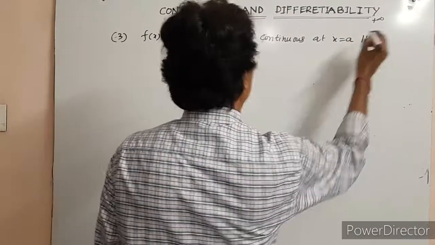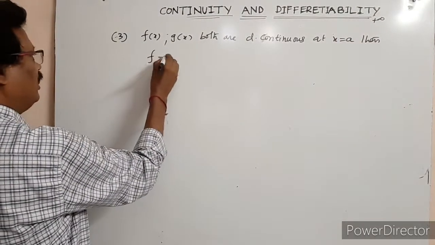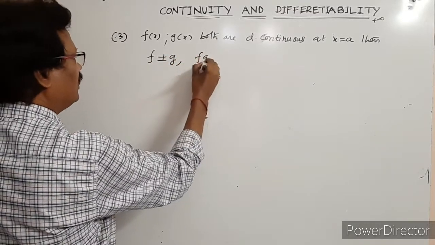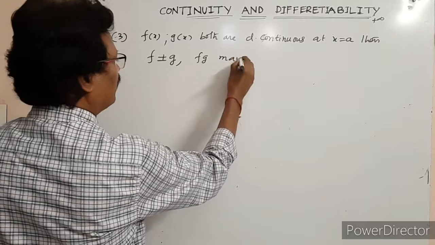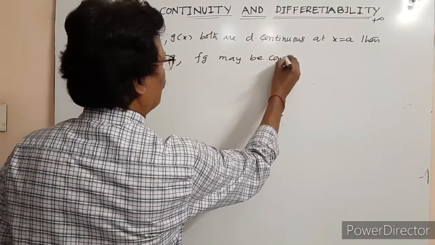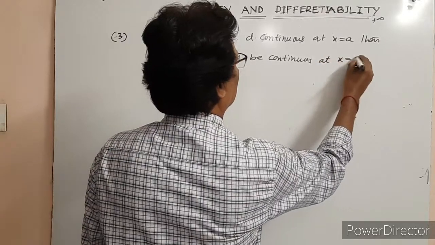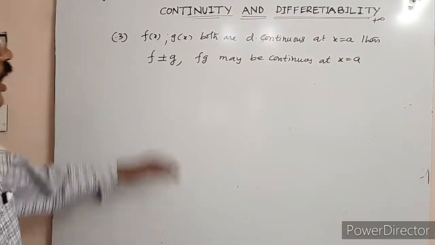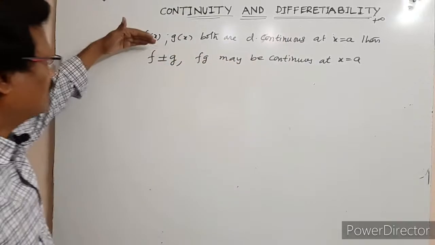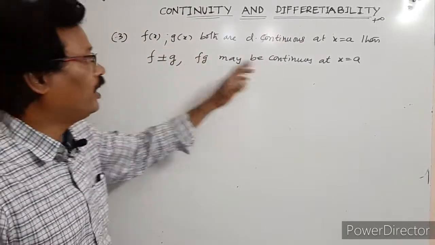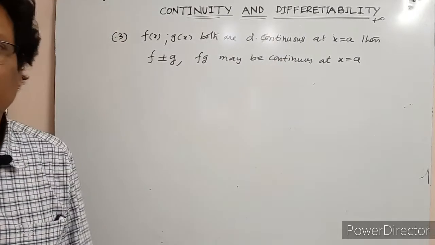Then f plus or minus g and f into g may be continuous at x equal to a. See, if both are discontinuous, the sum may be continuous, the difference may be continuous, and the product may also be continuous.